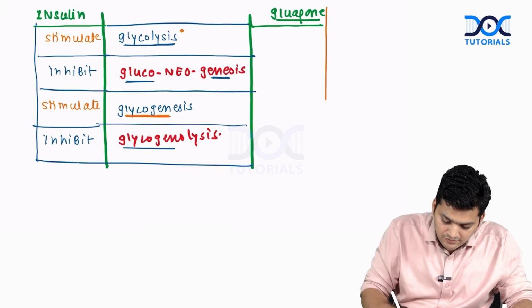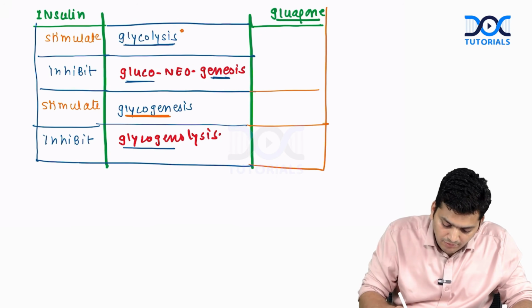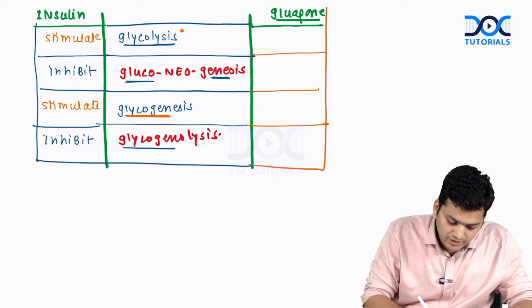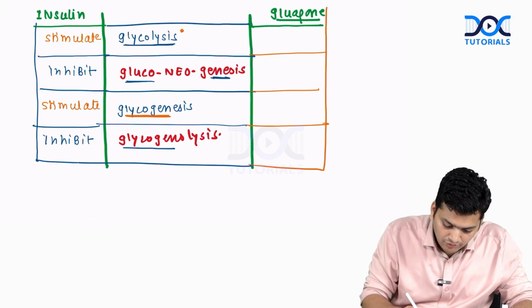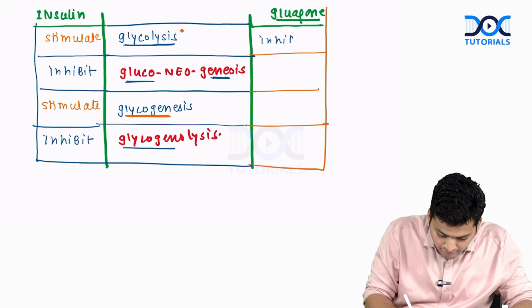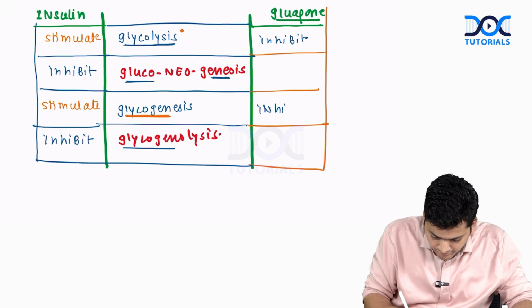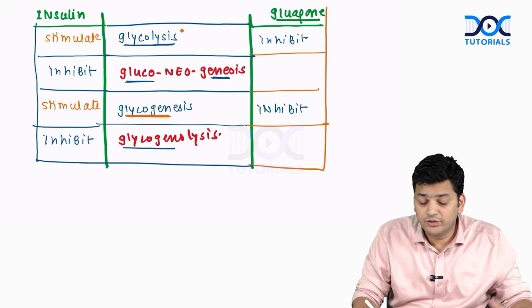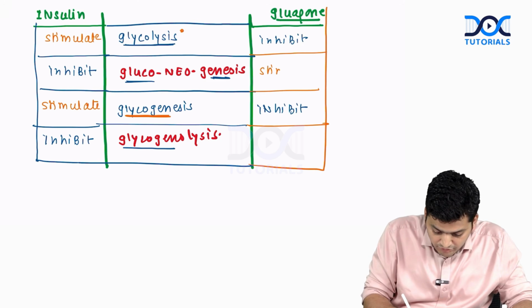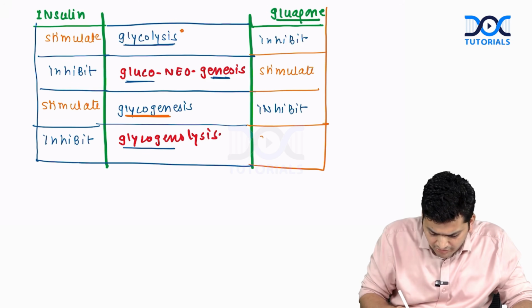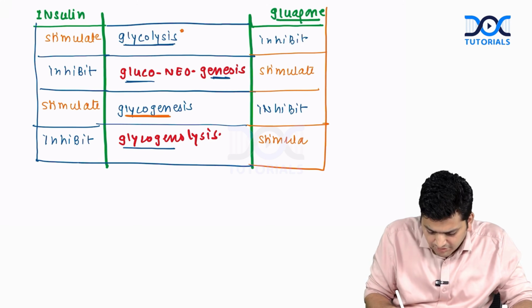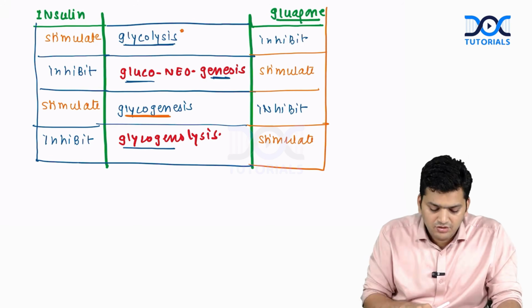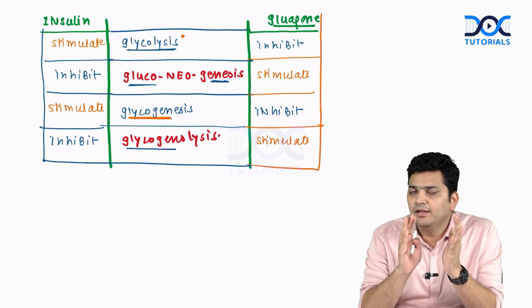Whereas glucagon is going to be opposite. Whatever insulin stimulates, glucagon is going to inhibit, and whatever insulin inhibits, glucagon is going to stimulate. So we don't have to remember glucagon, we'll just remember insulin, and the opposite is for glucagon. That is basically the summary.